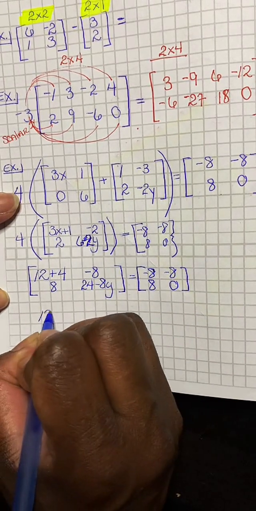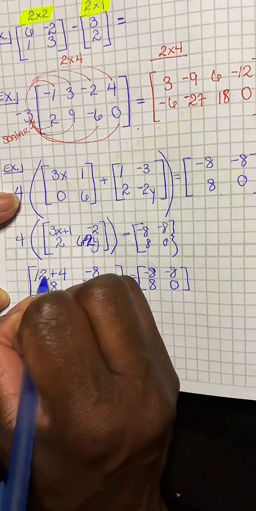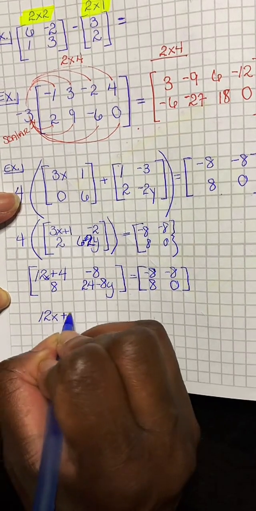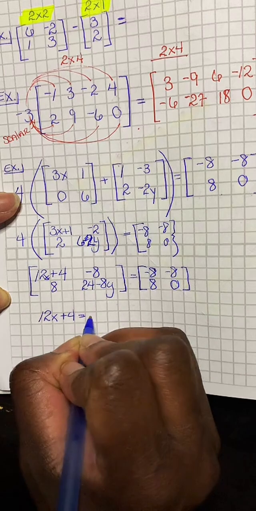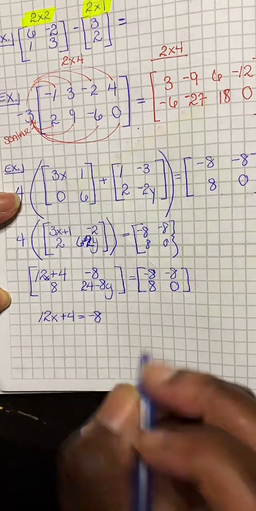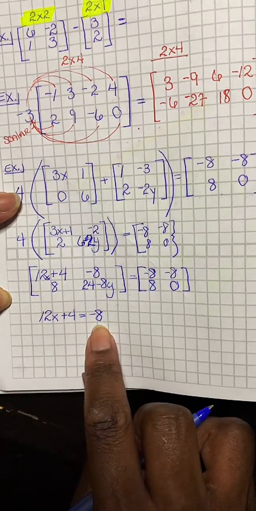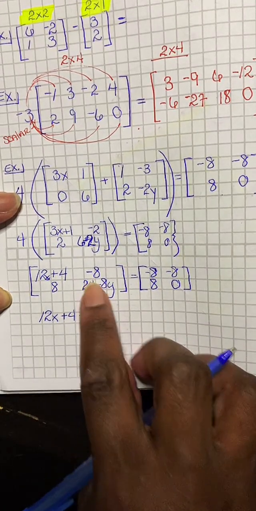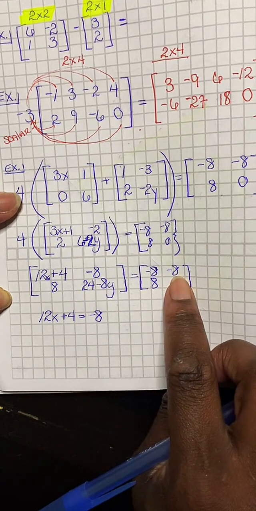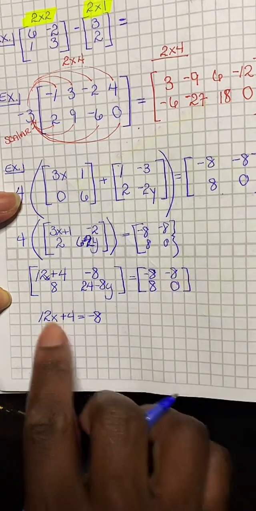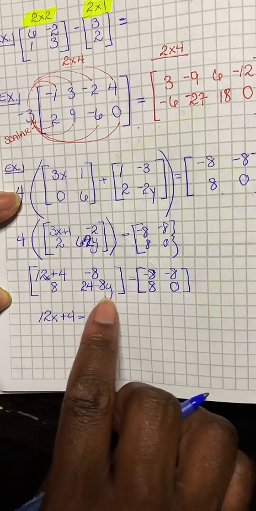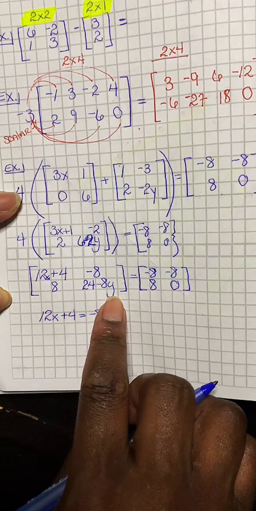We have our 12x, I forgot the x. I have my 12x plus 4 is going to equal negative 8. So that's going to be one element. Then I have my negative 8 is equal to negative 8, but I don't need that because I'm looking for what the value of x is and what the value of y is.